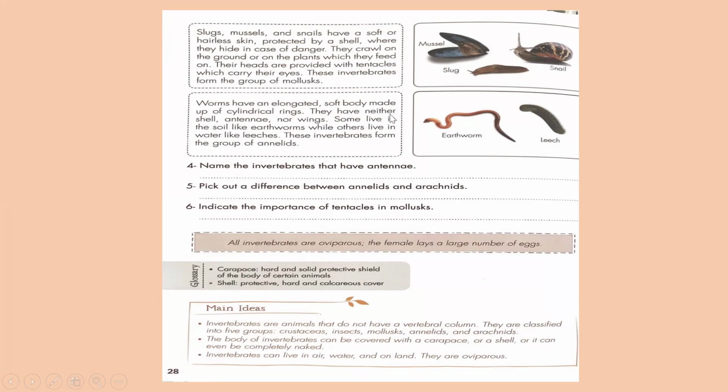They have neither shell, antenna, nor wings. Some live in the soil, like earthworms, while others live in water, like leeches. These invertebrates form the group of annelids. And here you will see the picture of earthworm and leech.